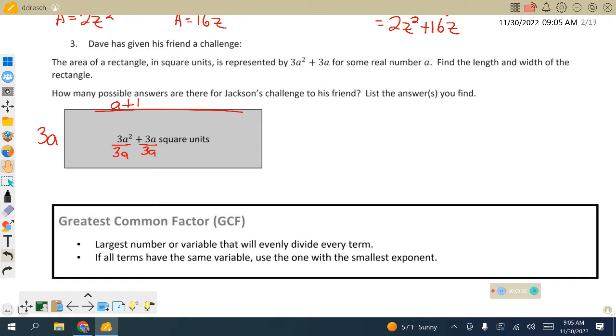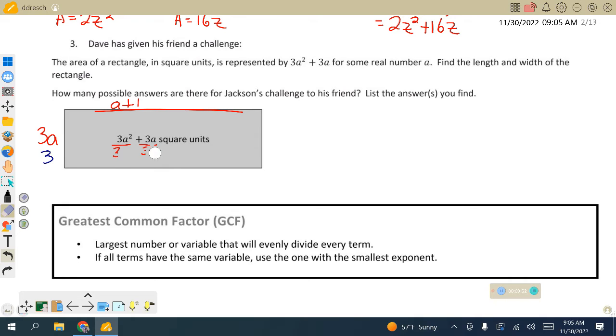How can we check to see if we're right? Multiply it back through. If we multiply that back through, where should it go? 3a squared plus 3a. Now, usually I also have some students tell me not 3a squared. Some students just tell me that 3 that they see in front of it. So let's say I erased the 3a, the a plus 1, and I only pulled out a 3.